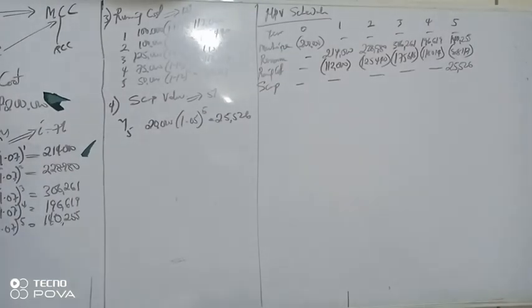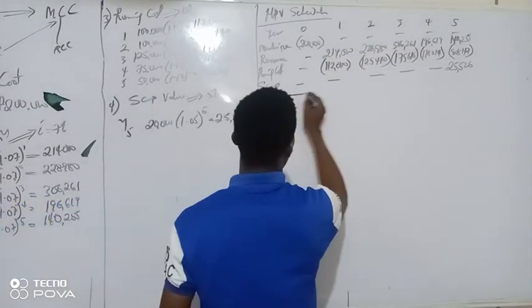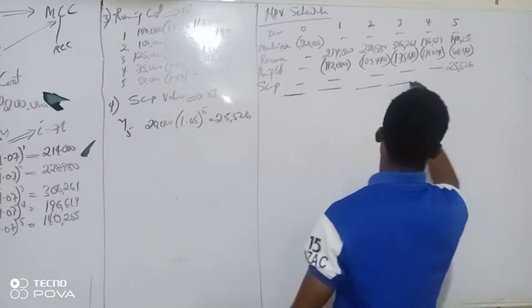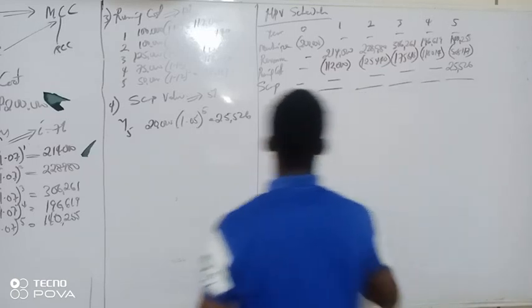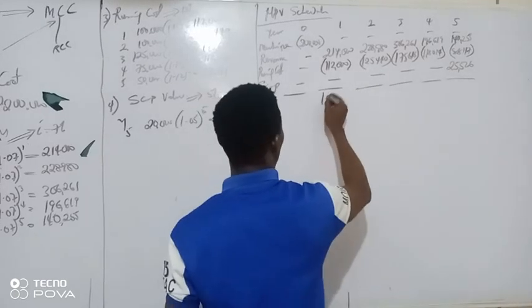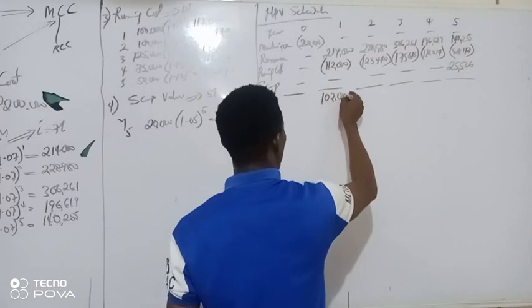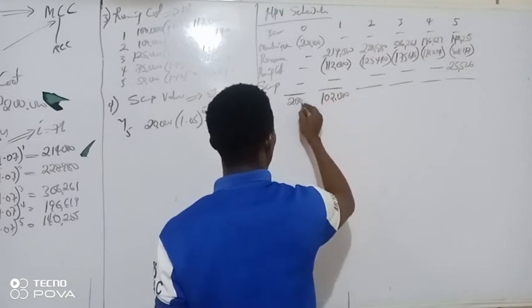So in view of that, we have imported our relevant costs. To the next stage, we get our net cash flows for each year. Year 1, 102,000. Year 0 is 200,000.